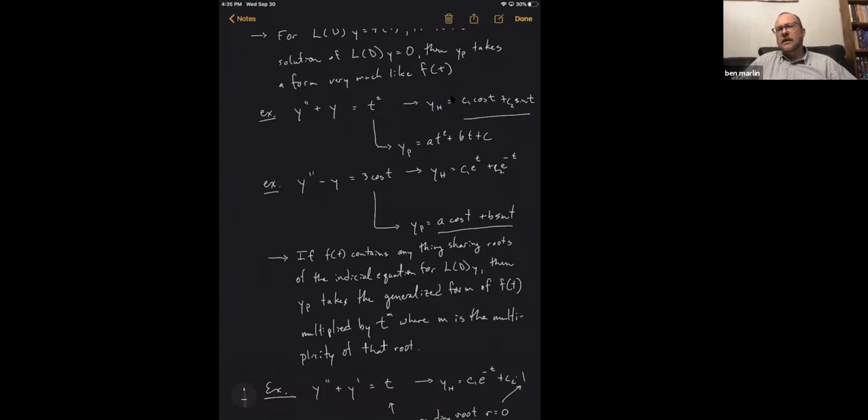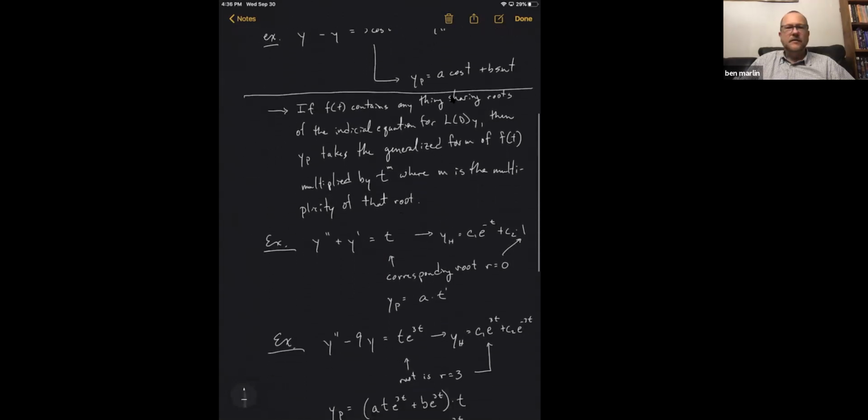Since it said cosine t, you don't jump over to using sine of 2t. But because when you take derivatives of sines and cosines, they might go together some way or another, we just set those up, okay? So we're just taking for our y sub p one step more general than what you've got in your f of t, right?